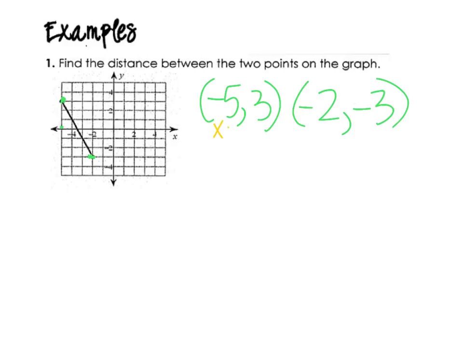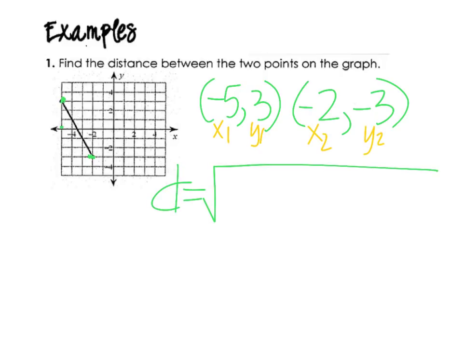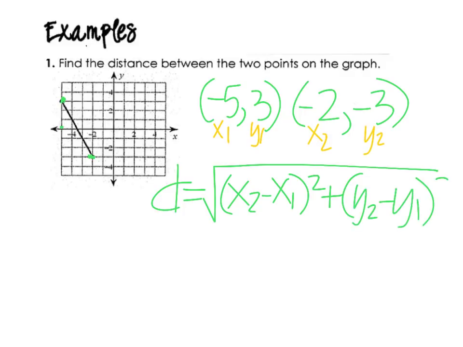Now we're going to identify each of these and label them. We're going to call this one x1, the 3 is our y1, -2 is x2, and y2. All right, now we need our distance formula. We're going to write it down because we're going to use it. Distance equals the square root of x2 minus x1 squared plus y2 minus y1 squared.